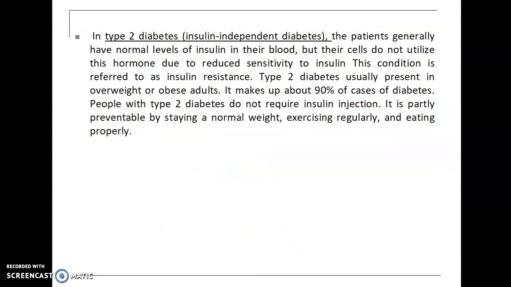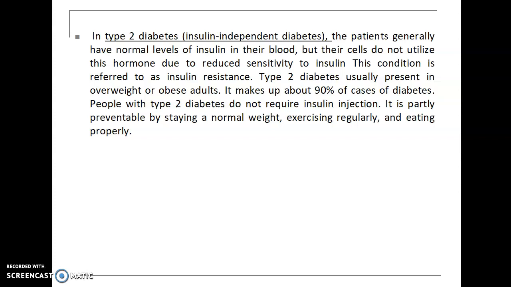The cells do not utilize this hormone due to reduced sensitivity, and this condition is referred to as insulin resistance. Even if insulin is there, there is a resistance.